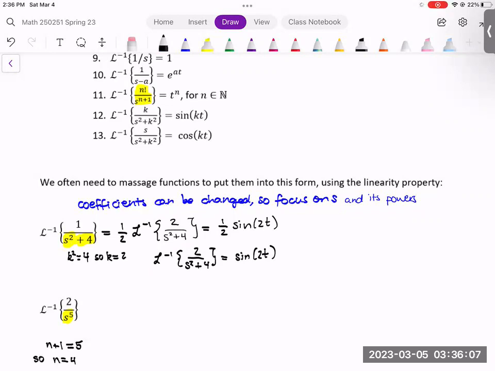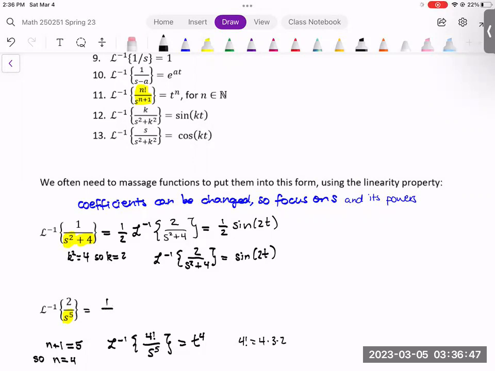Okay. And so the formula that we'd like to use is that the inverse Laplace transform of 4 factorial over s to the 5th is going to be equal to t to the 4th. Okay, so you'll notice that we don't quite match this 4 factorial. Remember that 4 factorial means 4 times 3 times 2 times 1. So we're missing 12 up top. So all we're going to do is multiply in and divide by 12.